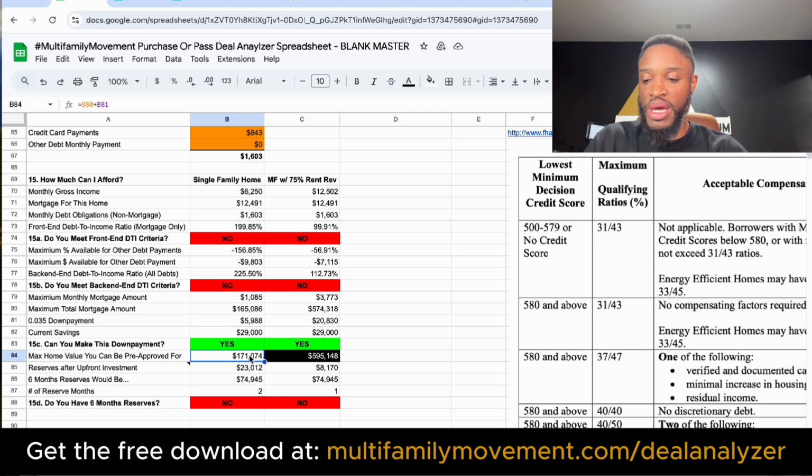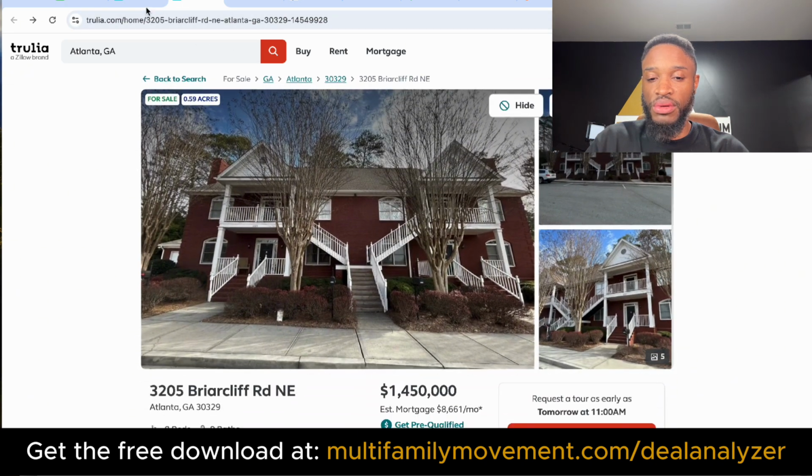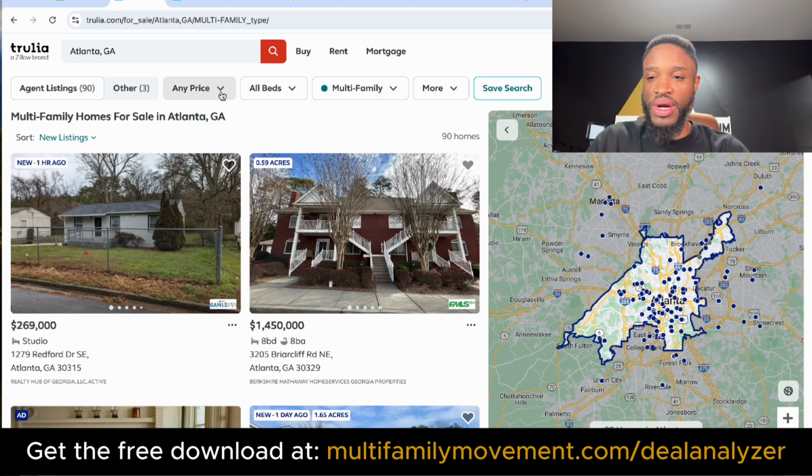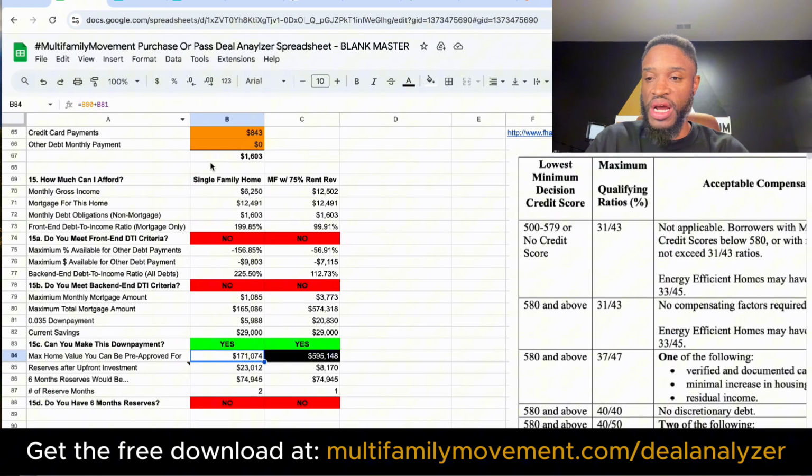So when you add the down payment and the maximum mortgage amount, you could only shop for a home that's priced at $171,000. So when you go to Trulia and Zillow, you would have to literally make that your criteria in terms of price. No max over 200 would have to be your search criteria, right?